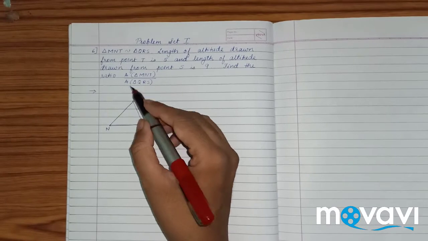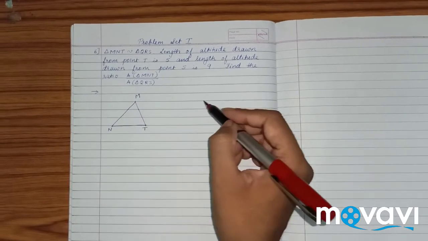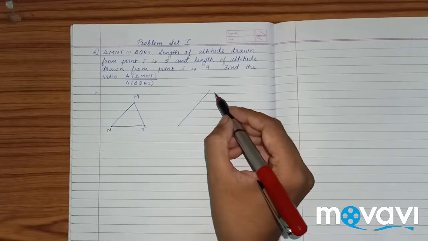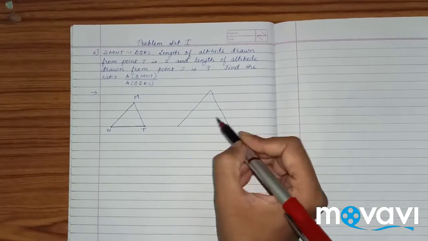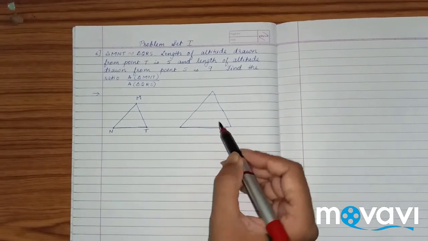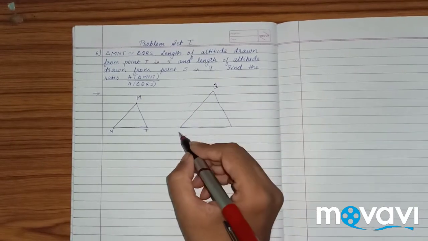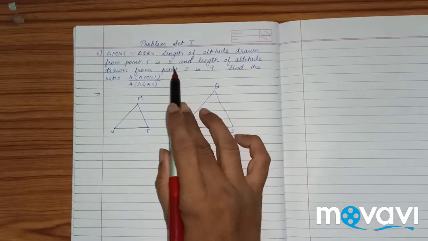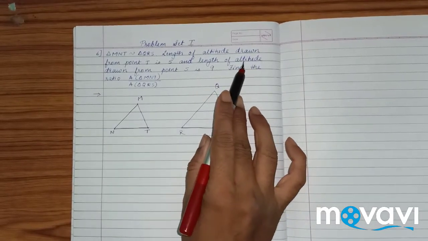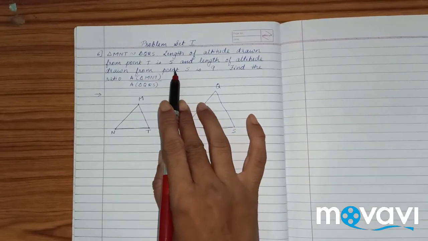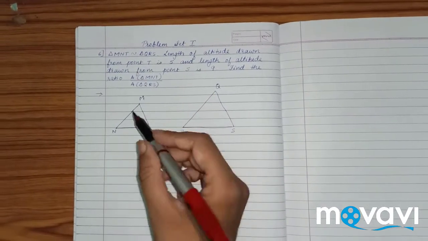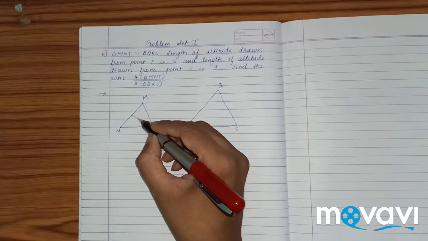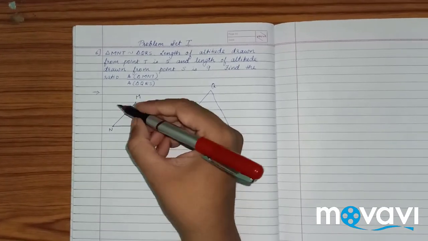So this is one triangle MTN and secondary triangle is QRS. So QRS. Okay, now what is given? The length of altitude drawn from point T is 5. Okay, from point T means from here. So I will draw altitude which is perpendicular from one vertex to opposite side.